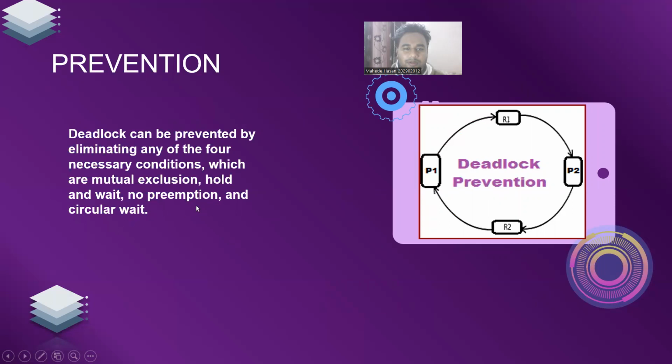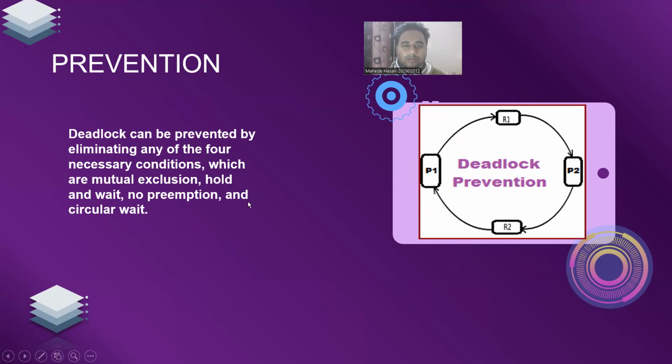And circular wait. To remove circular wait, we assign a number to every resource and the process can request resources only in increasing order. Otherwise, the process must release all the higher numbered resources and then make a fresh request. The last one is no preemption.